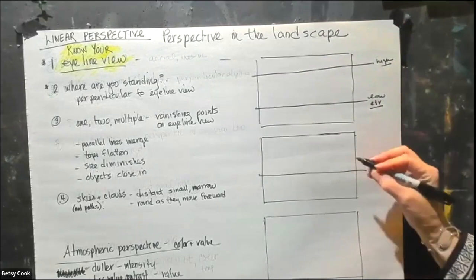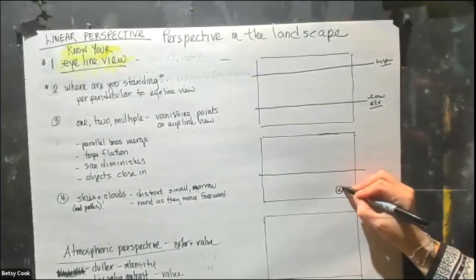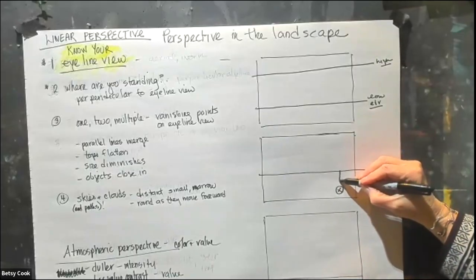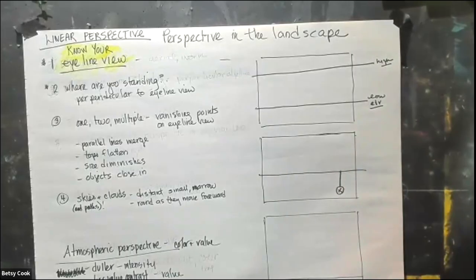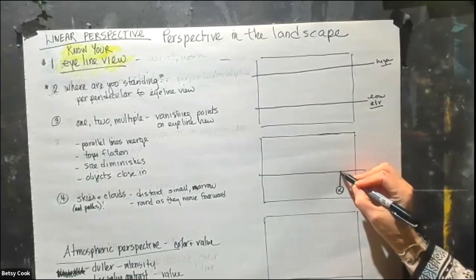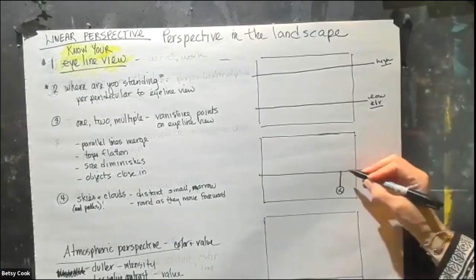Okay. Where am I standing? If I am standing here, taking a photograph, any line is going to be perpendicular. So let's say I'm somewhere and I'm trying to create the feeling of a path.